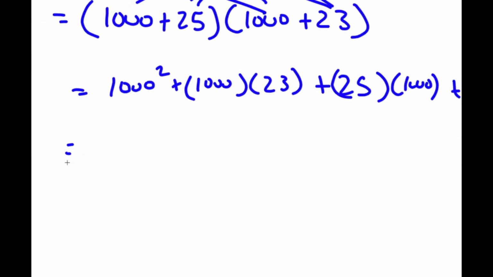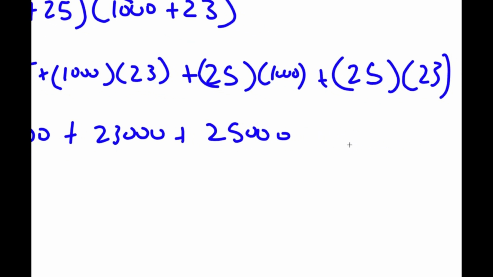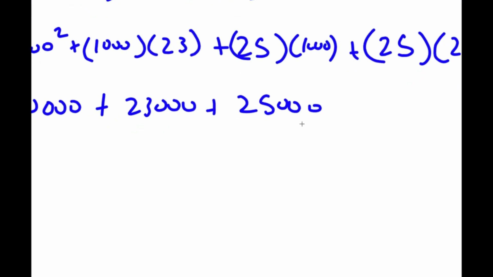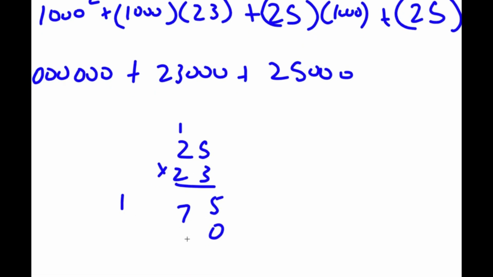Now let's go ahead and simplify this. 1000 squared, that's the same thing as 1 million, plus 1000 times 23, that's 23,000, plus 1000 times 25, that's 25,000, plus 25 times 23, you can do that right here. 5 times 3 is 15, 3 times 2 is 6, 6 plus 1 is 7, 2 times 5 is 10, carry the 1, 2 times 2 is 4, 4 plus 1 is 5.